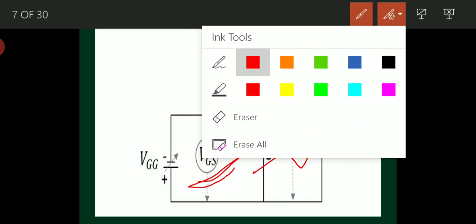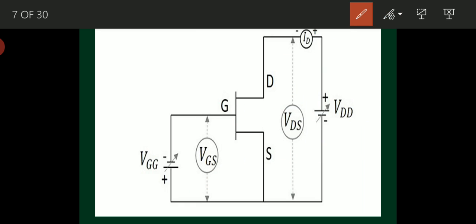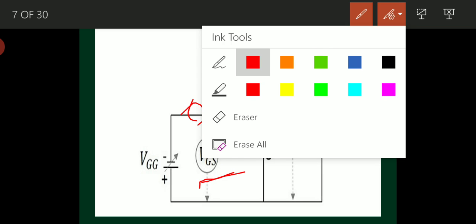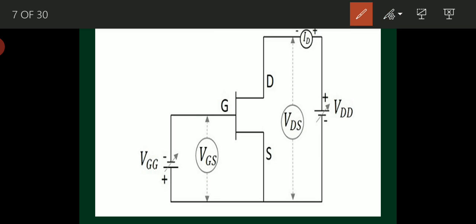This is called input voltage. What about input current then? IG nearly equals 0. Why? Because input impedance of FET is very high, right? As input impedance is very high, practically no current or a very small amount of current will flow through the gate terminal.